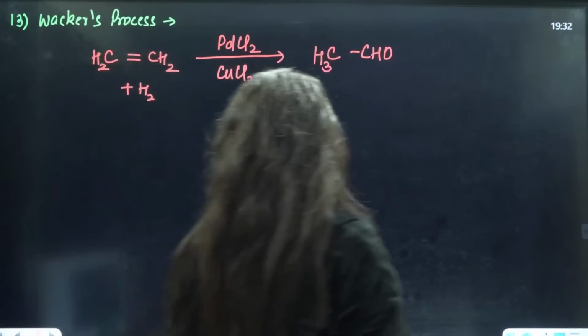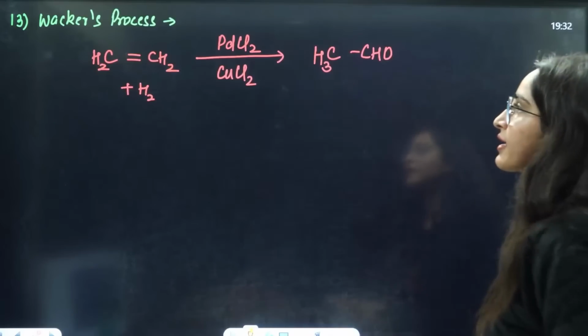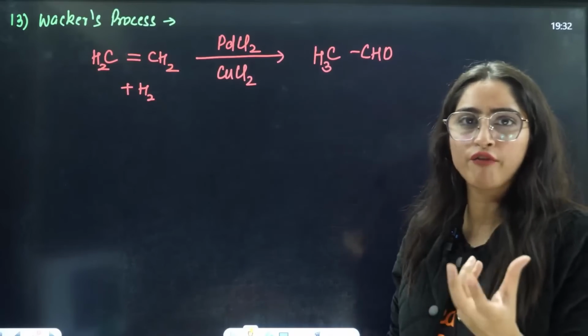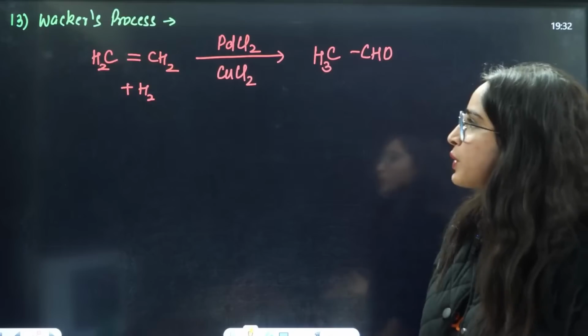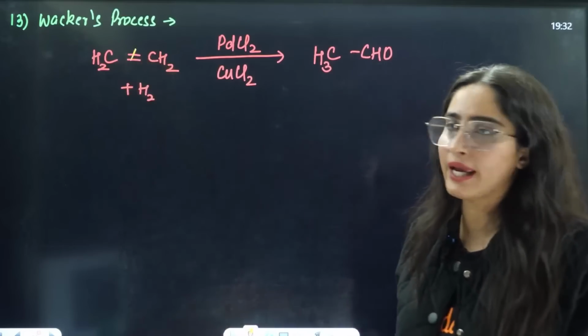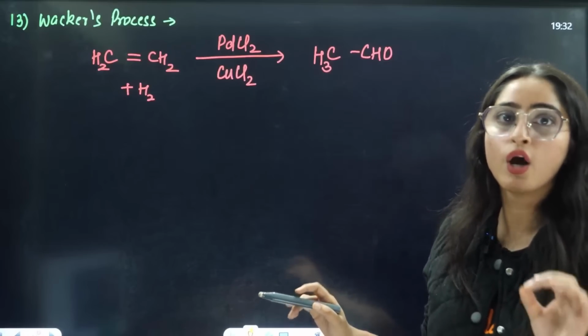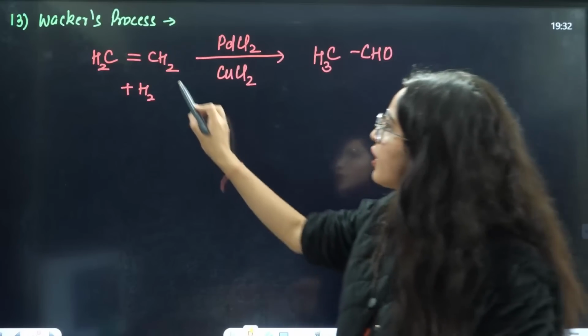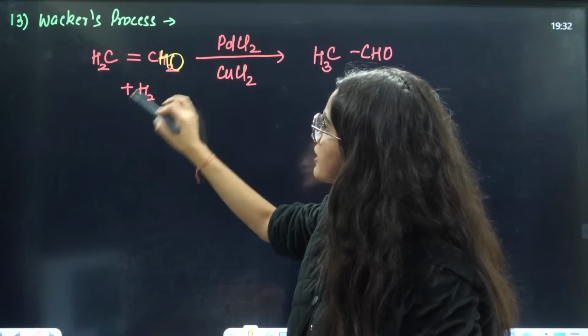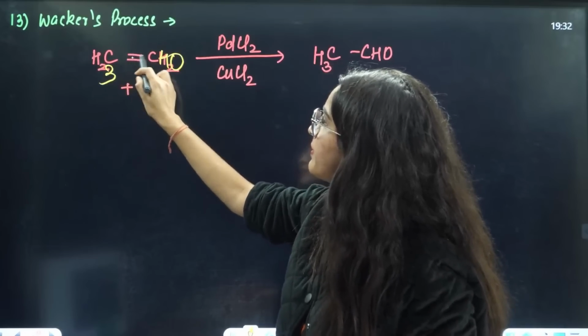Now, next is Wacker's process. In Wacker's process, again, these are the reactions of alkenes, different name reactions we have. This pi bond will break, and here this will be converted into a CHO group, and here one hydrogen will be added.